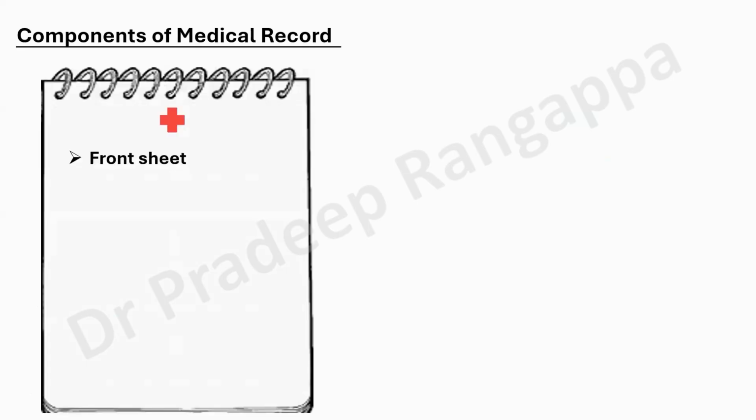And what are the components of the medical record? This is important. Whatever I'm talking about is from the court of law, what is defined as a medical record. In legal parlance, the front sheet, of course, now we have EMR. So the admission note becomes a legal document. Any consent that you have taken becomes a legal document.